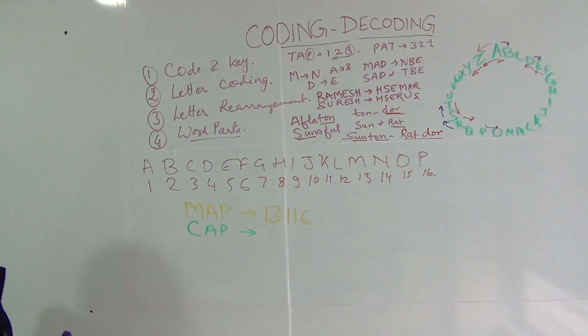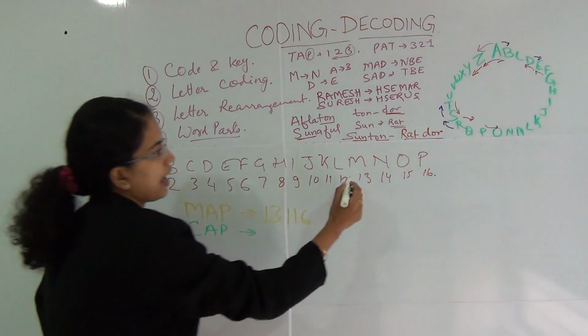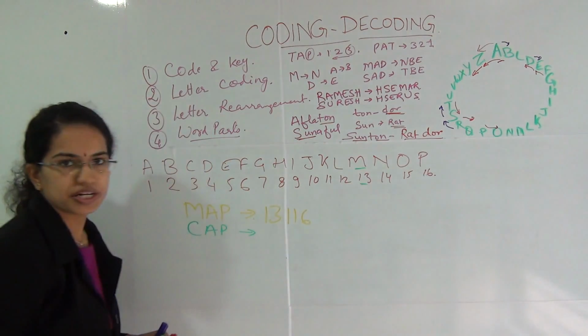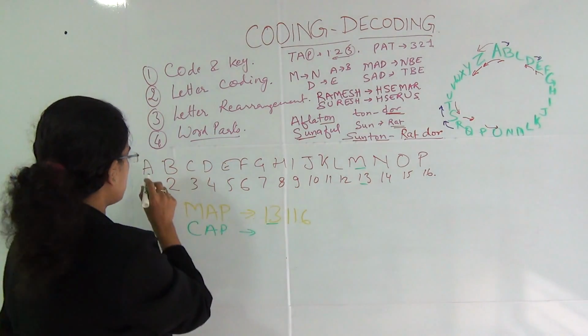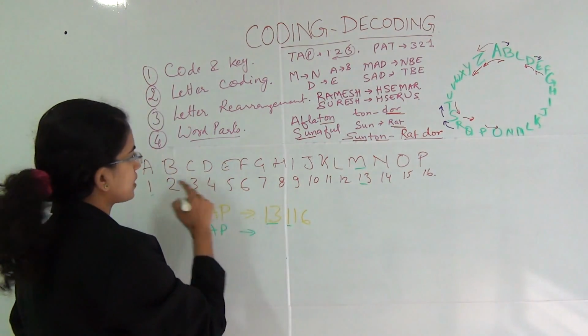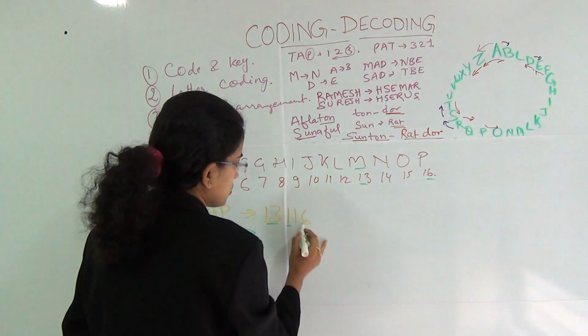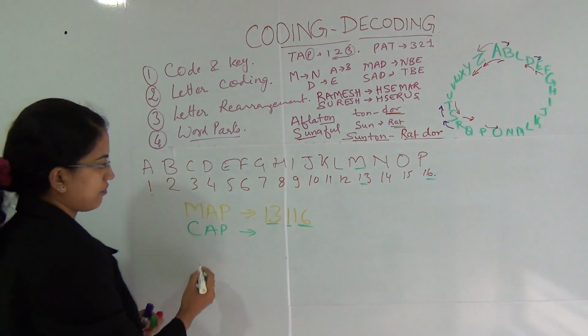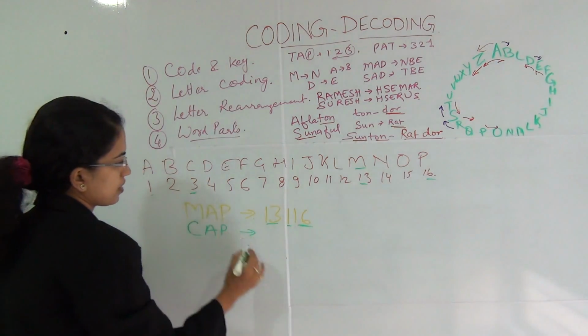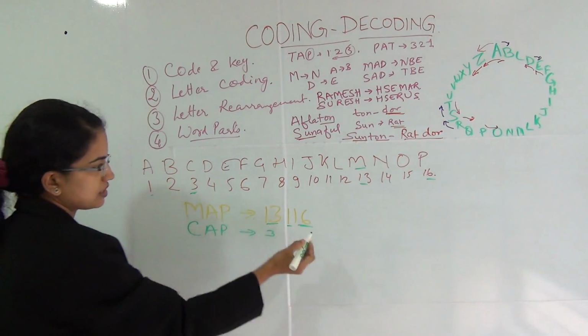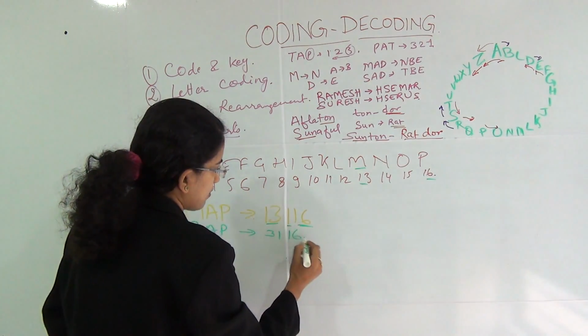So in this question, I have M and the corresponding number for it is 13. So I am writing 13 here. A stands for 1, so 1. And P stands for 16, so I have 16 here. So MAP should be written as 13, 1, 16.